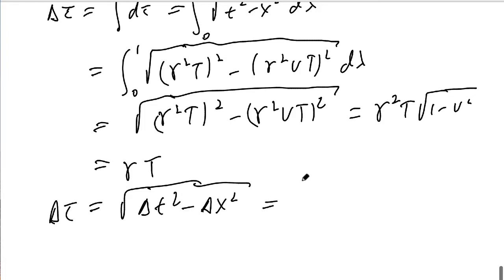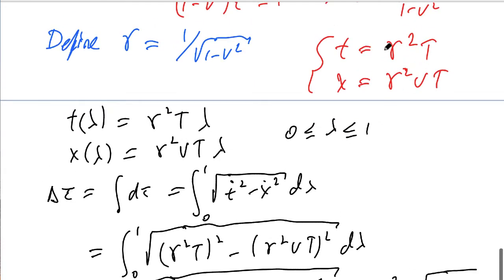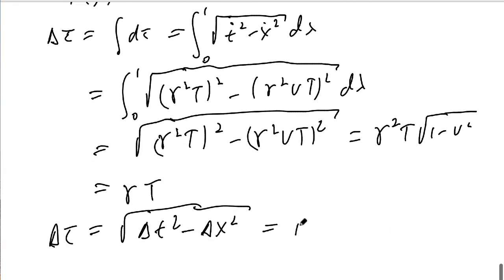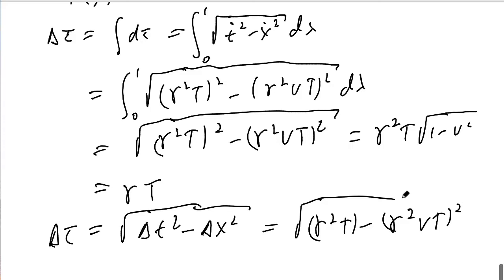The change in the t-coordinate is just gamma squared times capital T. The change in the x-coordinate is gamma squared V times capital T. And that's the same expression we have here, so this simplifies to gamma T. So we can use this fact in future calculations to simplify the calculation of proper times and proper distances by just computing the change in the coordinate time and coordinate distance and using the line element in this way.